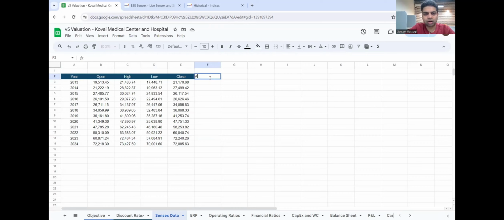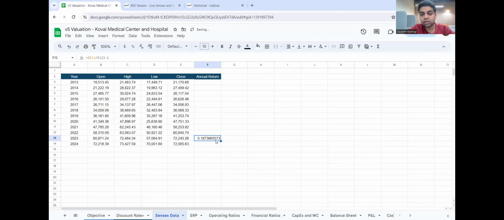So here, let's calculate the annual return. Okay. How do you calculate the annual return? The index closing price as of 2023 divided by the closing index as of 2022, minus 1.